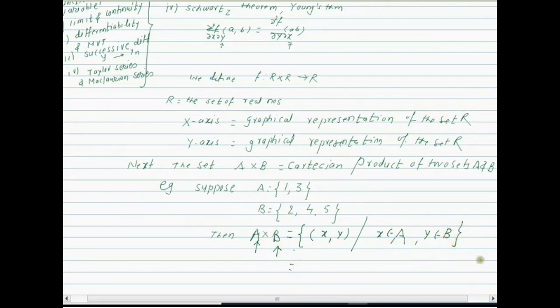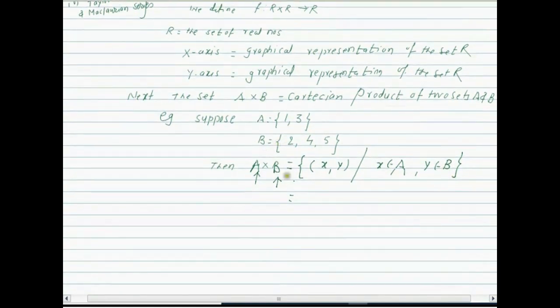So what are the elements in A cross B? We write down the ordered pairs. The first element from the set A is 1, and with this, in this ordered pair we write the second element from the set B. So it can be 2, or 4, or 5. 1 can be paired with 2, with 4, and with 5.